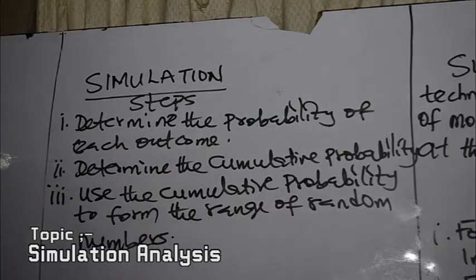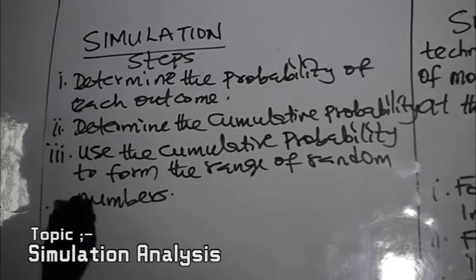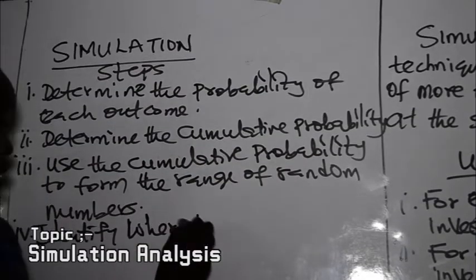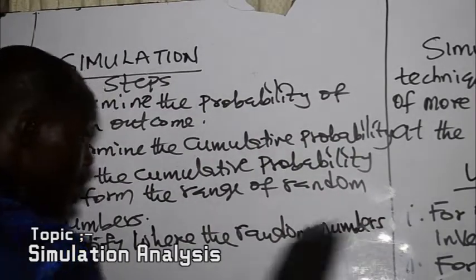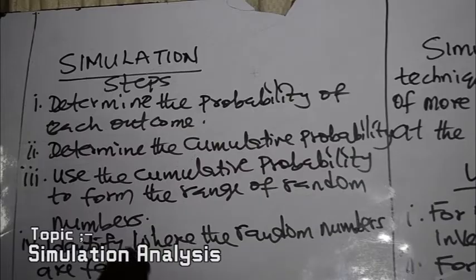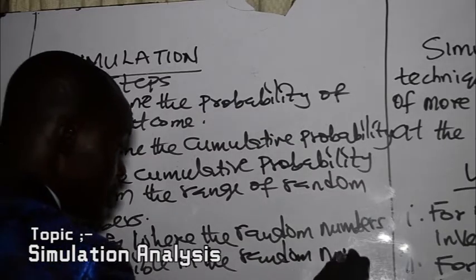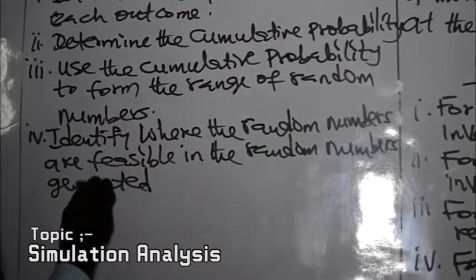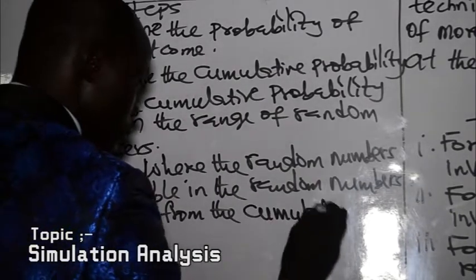Step 4: identify where the random numbers are feasible in the random numbers generated from the cumulative probability.